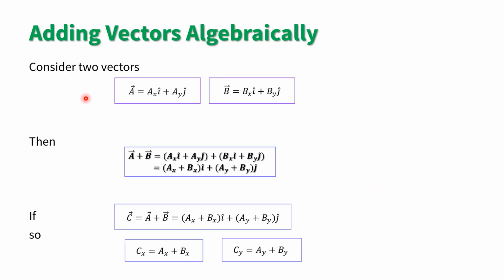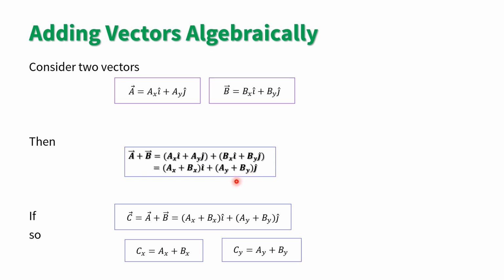Consider two vectors, vector A, which is equal to a sub x i hat plus a sub y j hat, and vector B, which is equal to b sub x i hat plus b sub y j hat. Then if we add these two vectors, we will have this expression: a sub x plus b sub x i hat plus a sub y plus b sub y j hat.